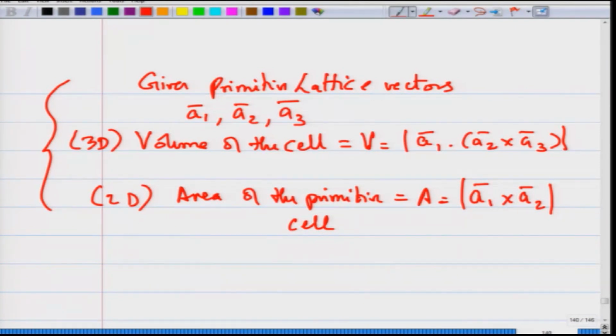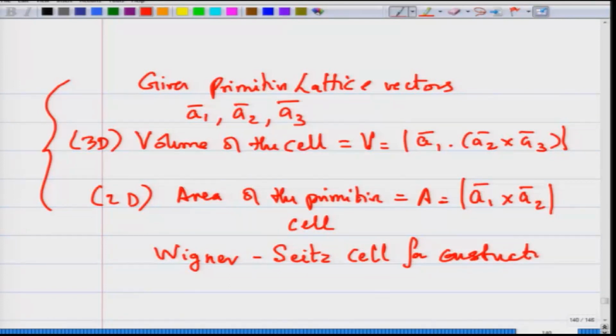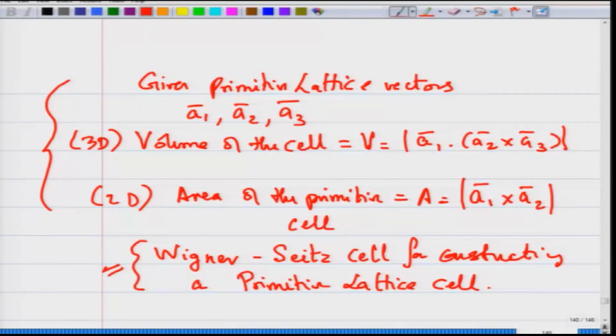But there is another way to also do it, and there is a standard procedure, and that is called the Wigner Seitz cell for constructing a primitive lattice cell. And actually this construction will immediately show you that there is going to be 1 point per primitive cell. So, what is the Wigner Seitz construction?